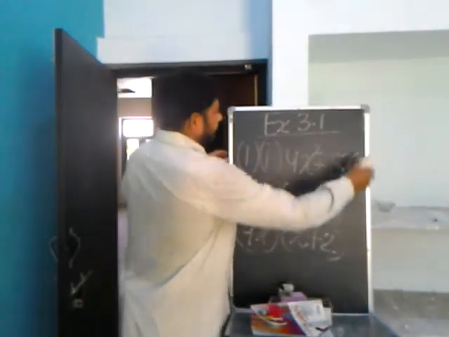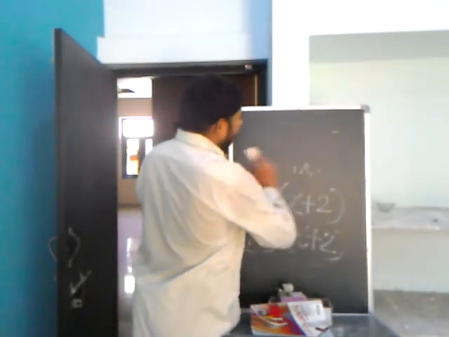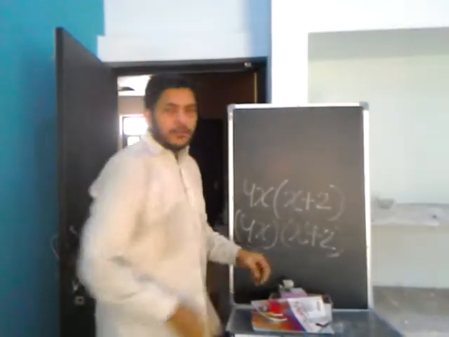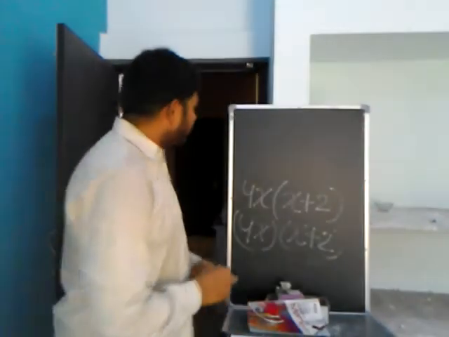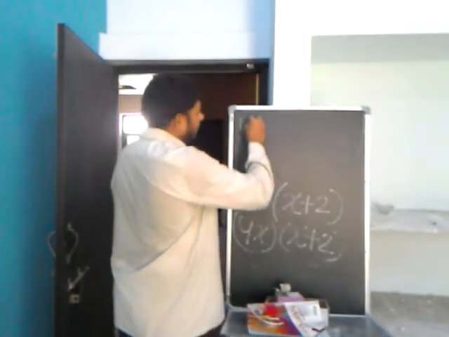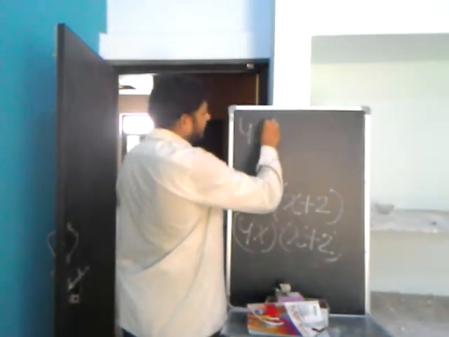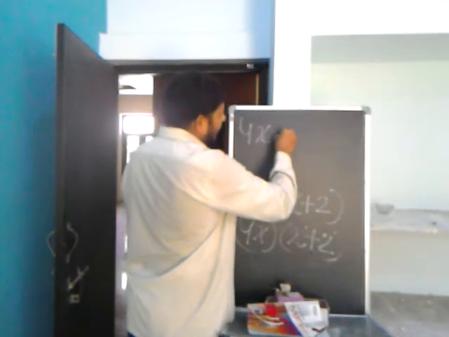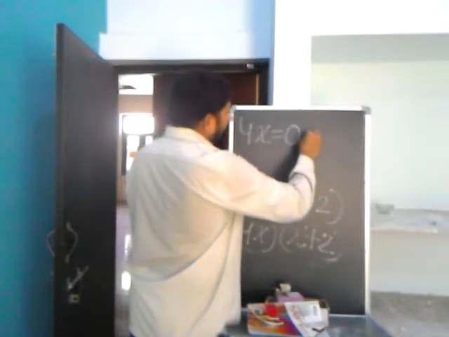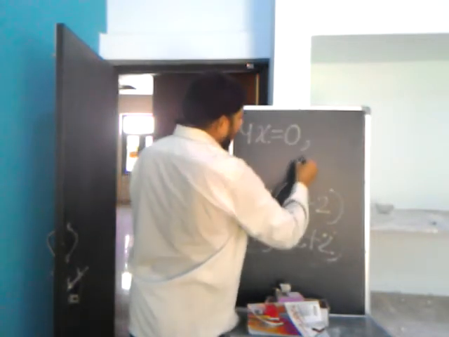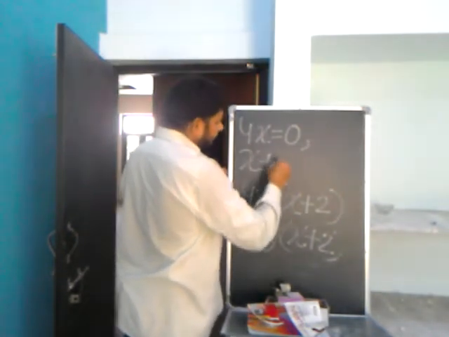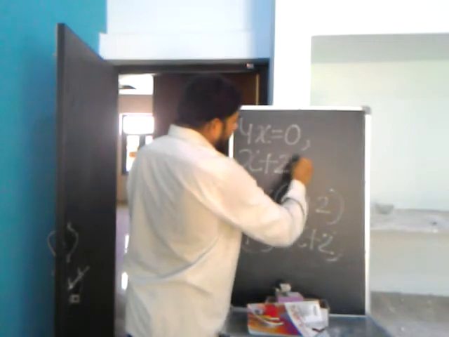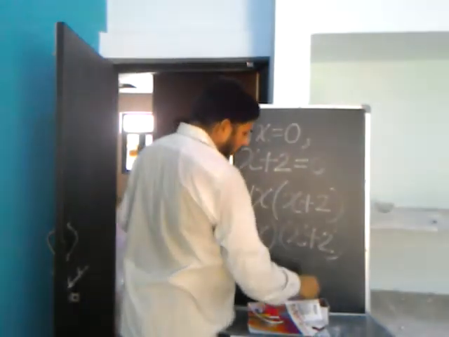Now I know that the value of both factors tends to be 0, which means 4x is equal to 0 and x plus 2 is equal to 0 also.